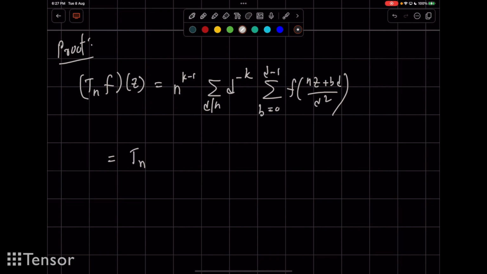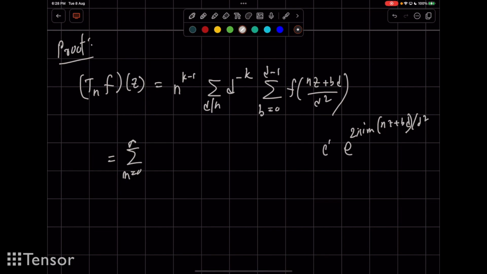So T_n f, sorry, the sum over m equals 0 to infinity, and everything else remains the same, except here we have e to the 2 pi i m times (nz plus bd) over d squared. Right?